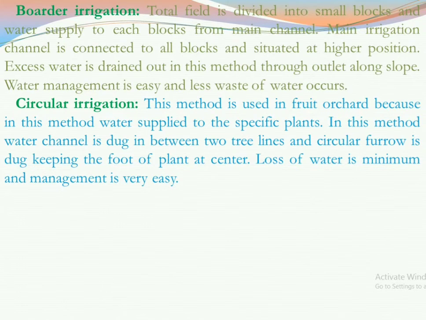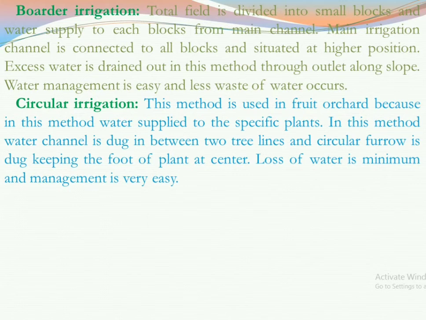That's why a big channel is dug between two tree lines, and a circular furrow is dug at the bottom of the plant, keeping the foot of the plant at the center. In this method, loss of water is less and it is very easy to manage.